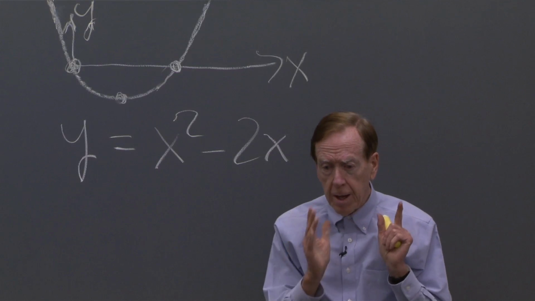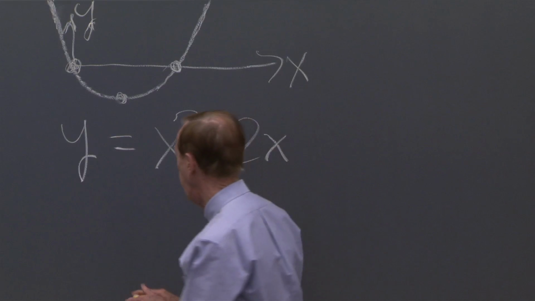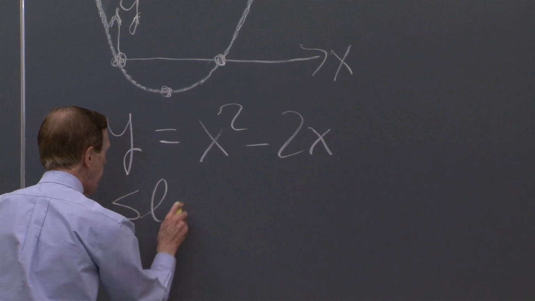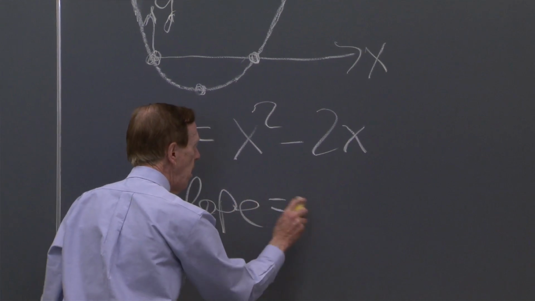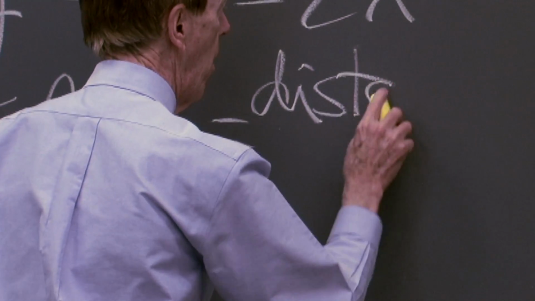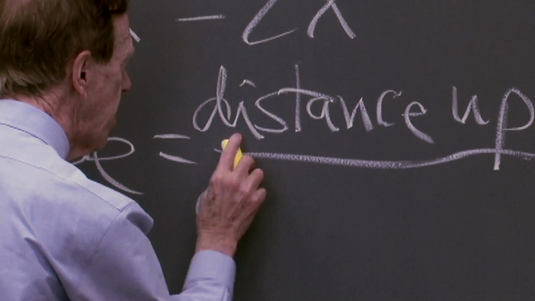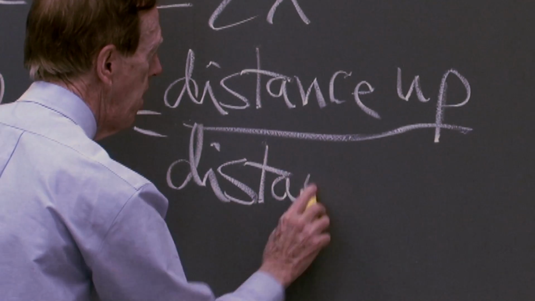Now, the key idea of calculus is to find the slope. What do I mean by slope? Slope stands for sort of distance up over distance across. That's what slope means.